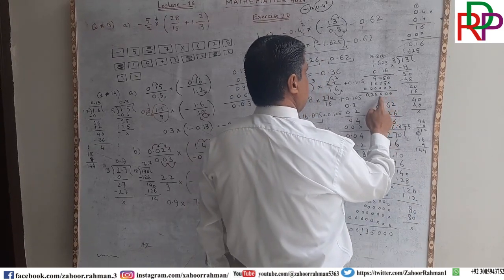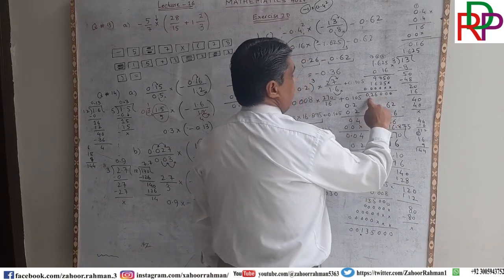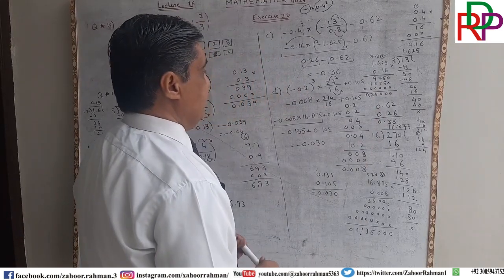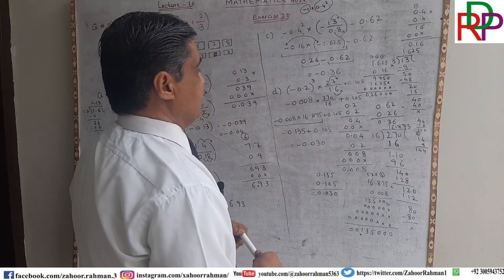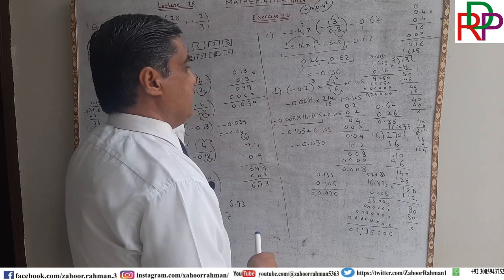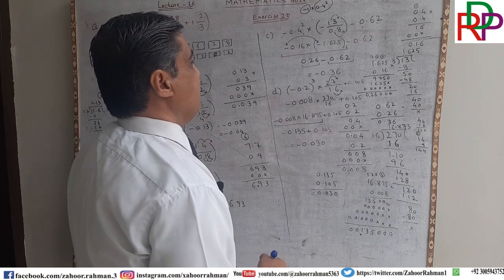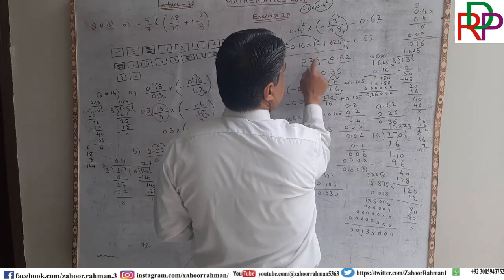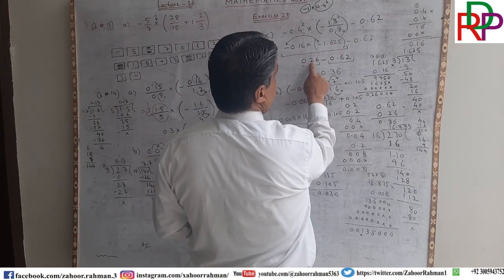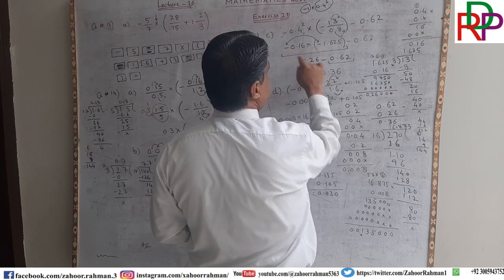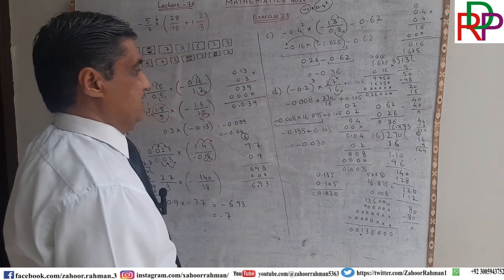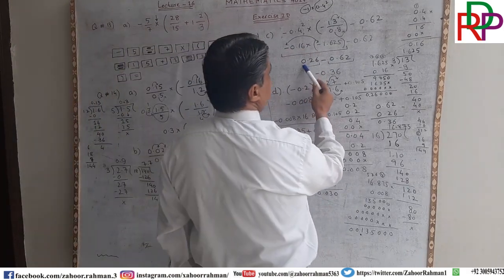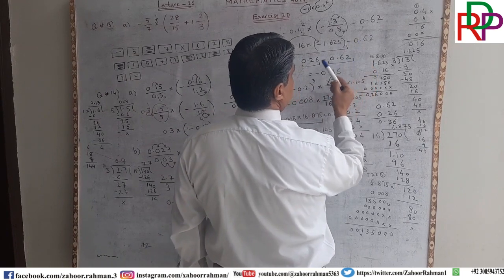So 1 2 3 4 5, so we put the decimal here, and then as a result we will get 0.26 from here. We wrote 0 point, and this minus with this minus will become positive. So we wrote this, and this one will come this.